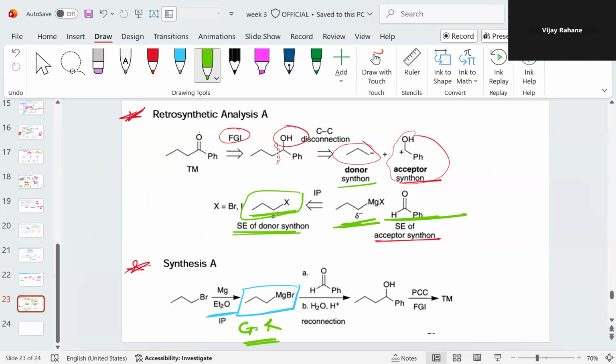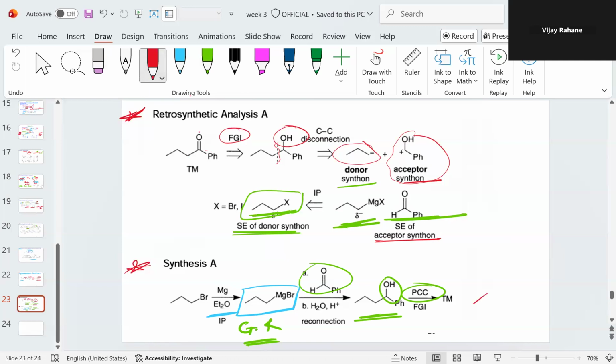Then we can do the addition of this Grignard reagent on benzaldehyde. We get this alcohol, and upon oxidation, if you just add pyridinium chlorochromate or any oxidizing reagent, it will selectively do the oxidation. So we basically get our target molecule.